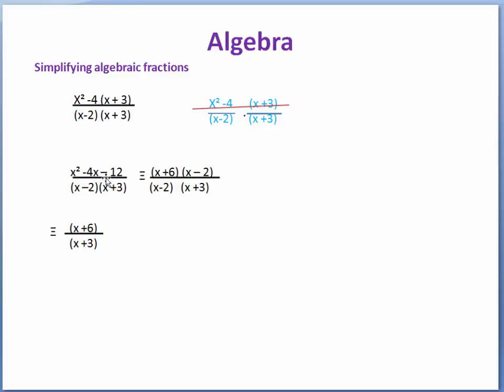Factorize that numerator, and we get factors of 12 as plus 6 and minus 2, which add up to minus 4. So the factors are (x + 6)(x - 2). And then, because we've got this x - 2 factor, one term, we can cancel those two to give us 1, and we're left with (x + 6) over (x + 3).